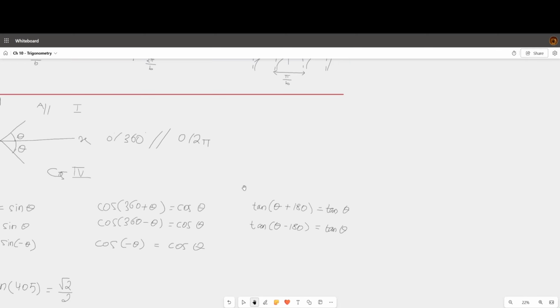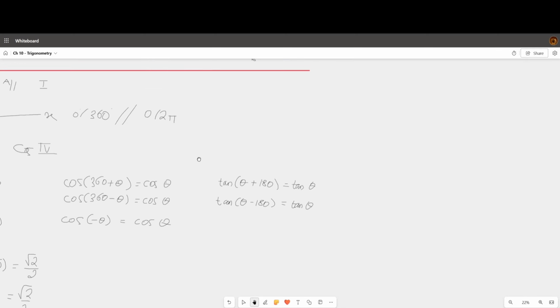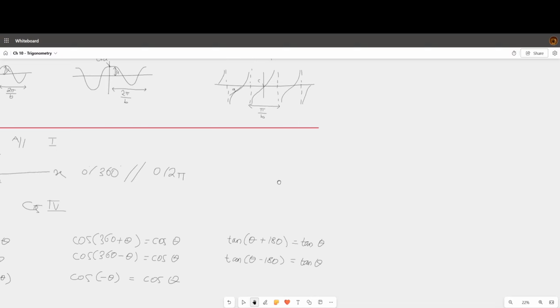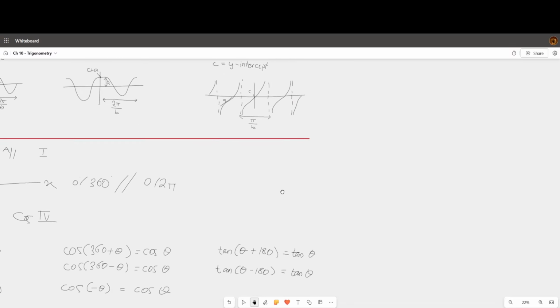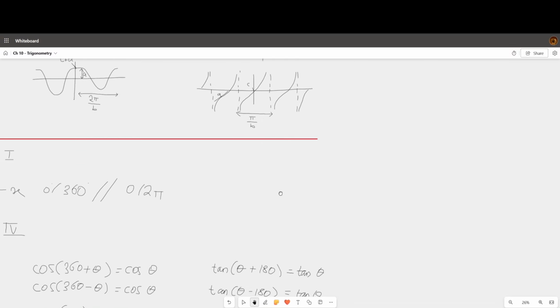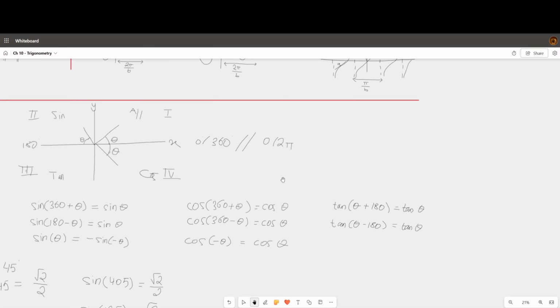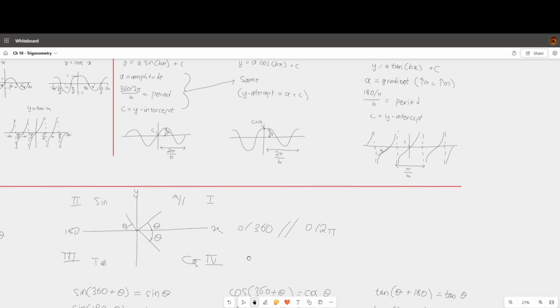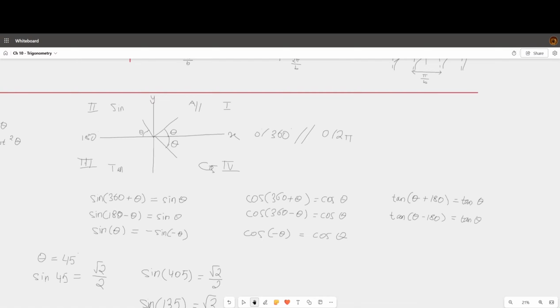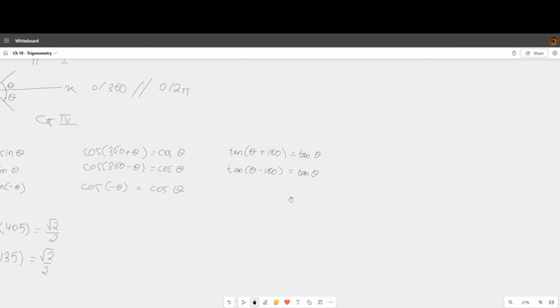And then tangent, you don't actually need to remember this one, but basically if you have a root, you can just keep adding 180 or subtracting 180 from that starting point, and you'll just keep getting your roots because of the asymptotes and its period being 180. That doesn't work with these two because they have other forms, 180 minus and 360 minus.